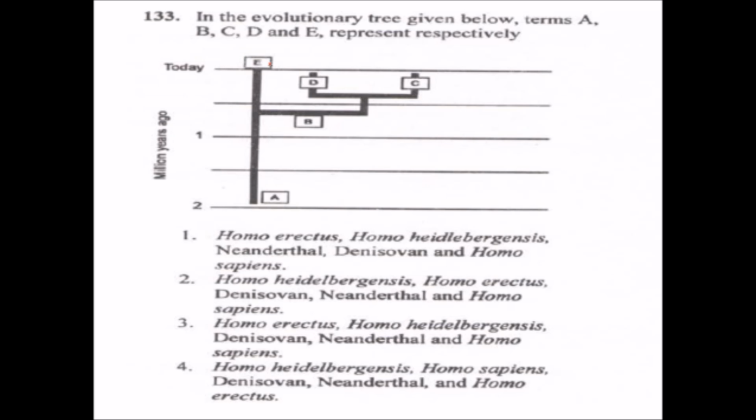Then B, D will be somewhat similar to E, and C will be far apart but will have the same ancestor. So D will be Denisovan, and C will be Neanderthal, and B will be Homo heidelbergensis, and A will be Homo erectus. So the answer will be number 1.